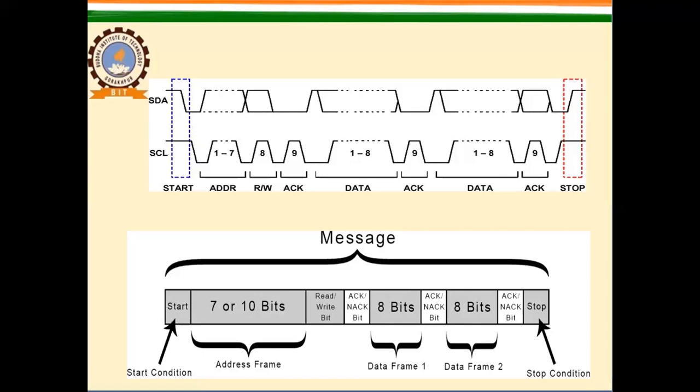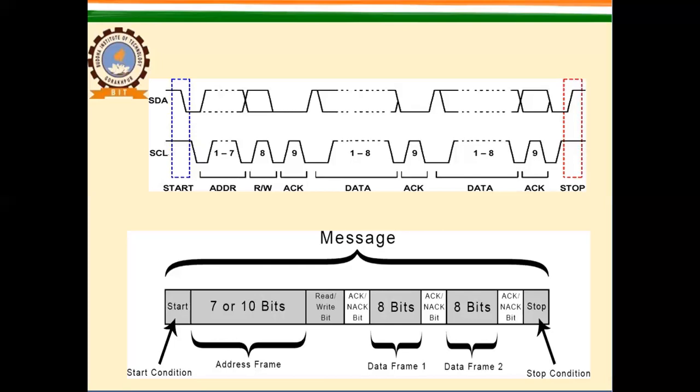It's a very important question. It can be asked as a 1 mark question how many bits are there in a data frame of I2C, and in the same way, how many bits the address frame has for addressing slaves. So these are 7 to 10 bits.